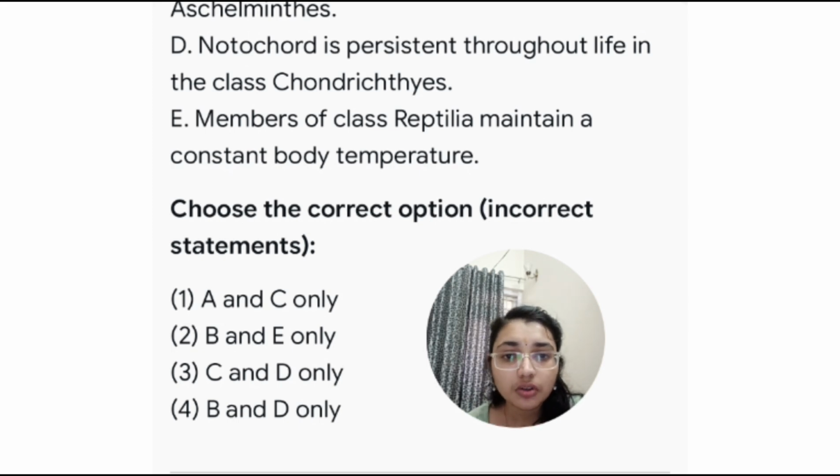So this is correct. Members of the class Reptilia maintain the constant body temperature, wrong. Reptiles are cold-blooded. You all know that. So that's why B and E are the incorrect options. So here the correct answer is 2, B and E.